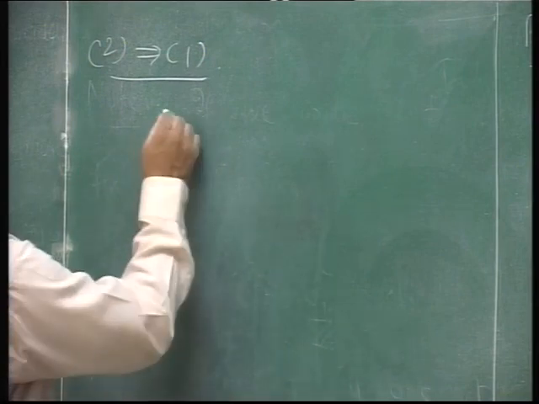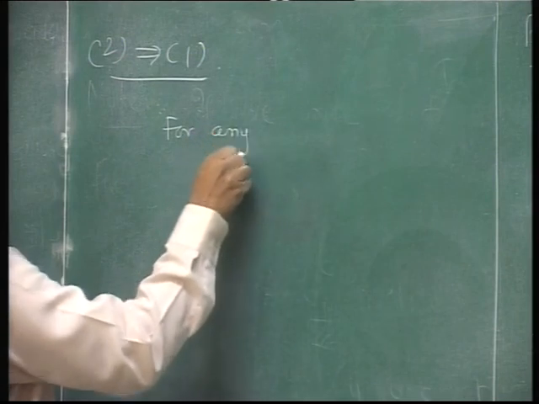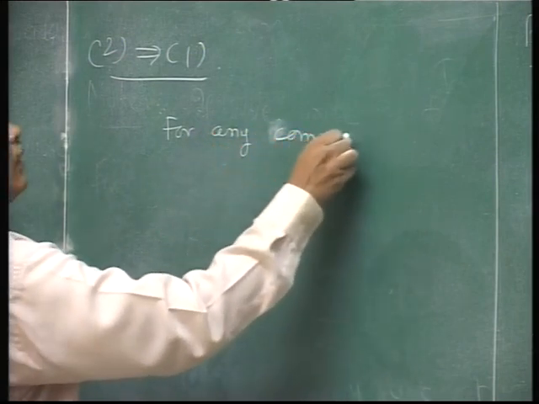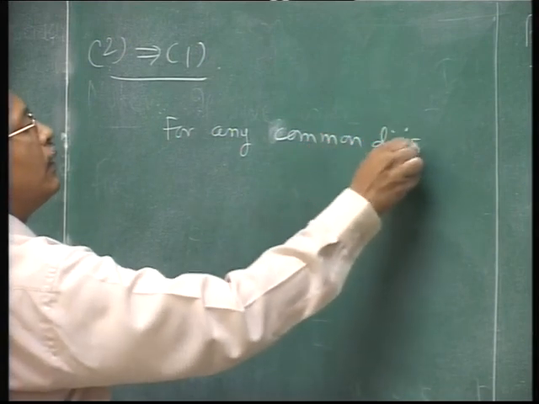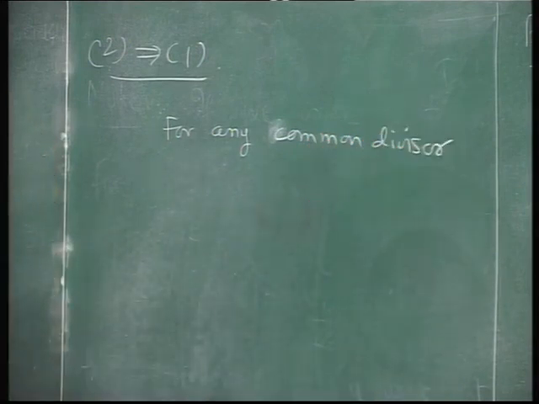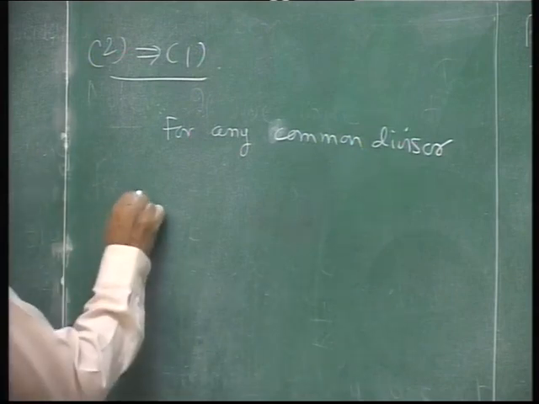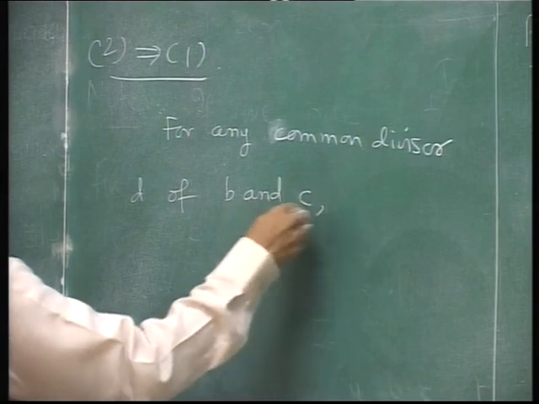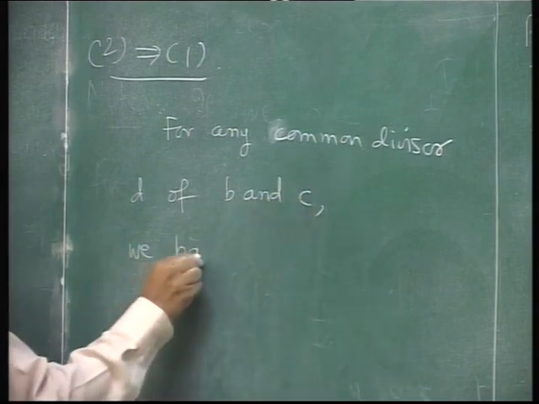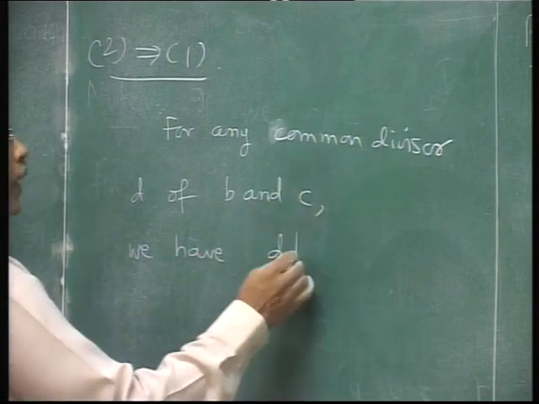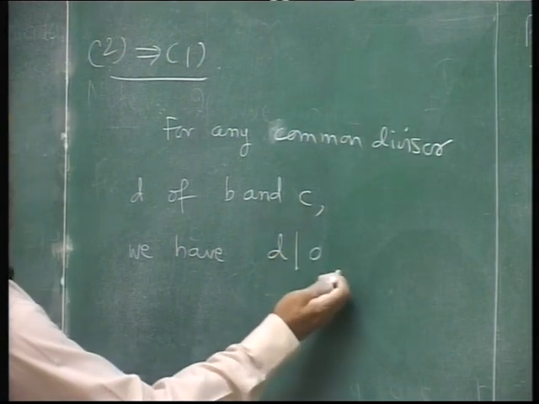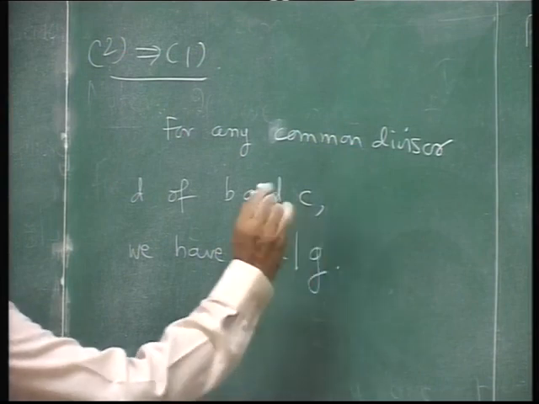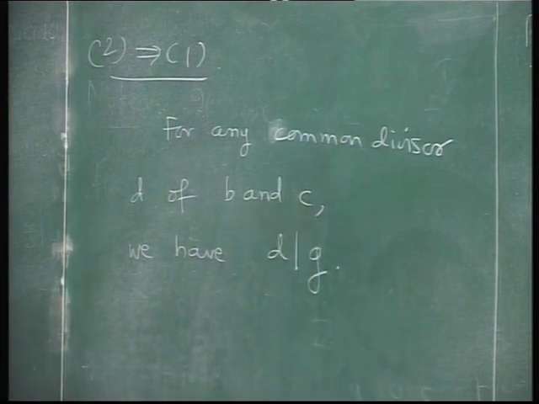So for any common divisor D of B and C, we have D divides G. G is a number which has this property.